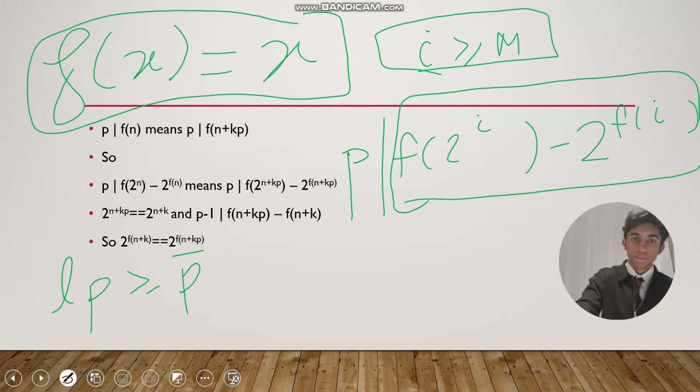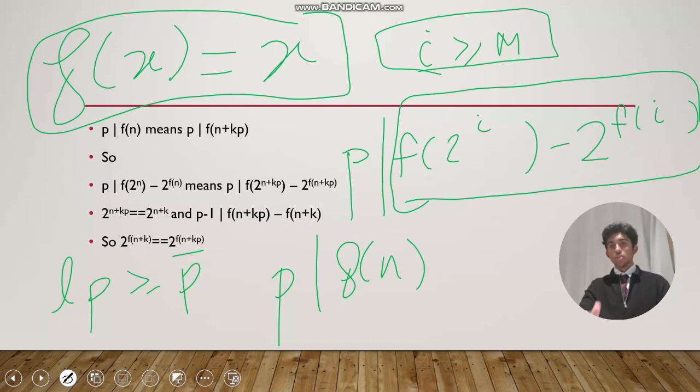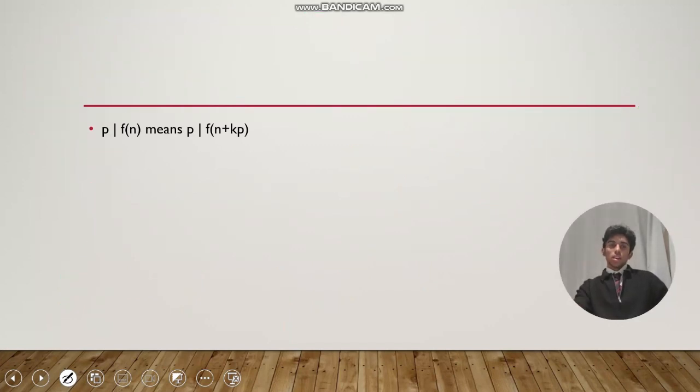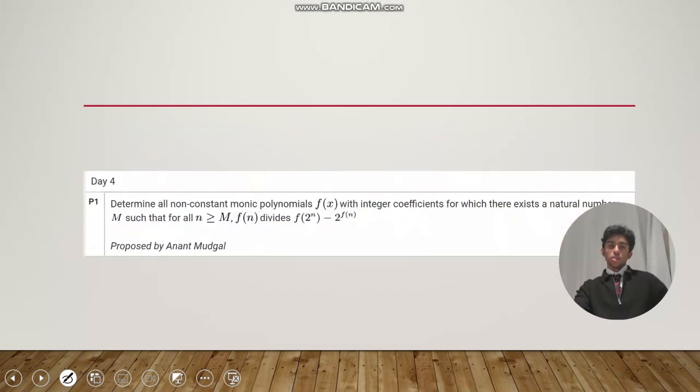We can choose a prime factor that divides f of n, that's really big, and that's more than this for some I. And now we have that f of 2 to the I equals 2 to the f of I for all I. Since fixing an I, we can choose a p that's big enough, given the infinitely many prime factors thing. So yeah, that's how you approach this question.